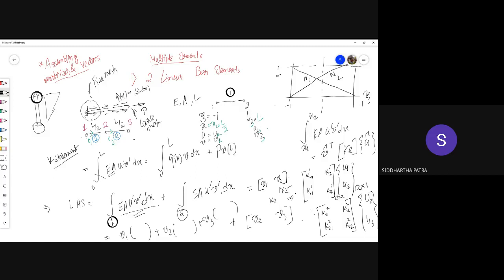In the end, when you are actually solving the problem, you can substitute K11 1, K22 1, K11 2, K22 2 equals EA by L by 2, and K12 1, K21 1, K21 2 equals K12 2 equals minus EA by L by 2.